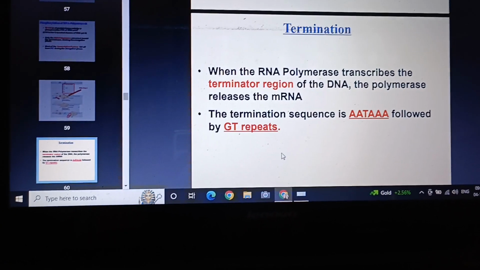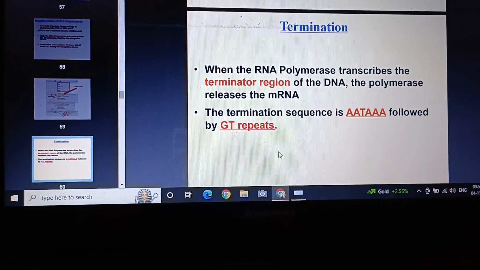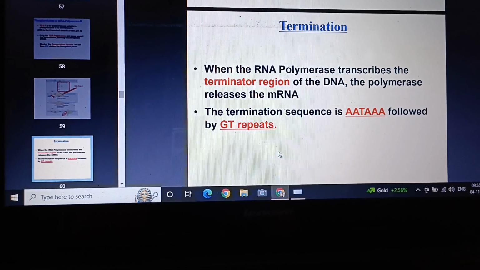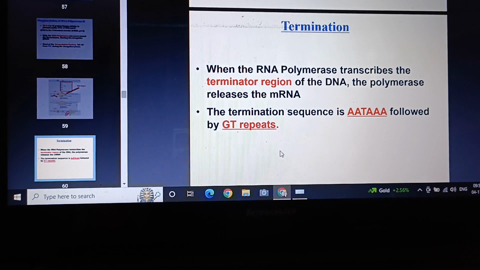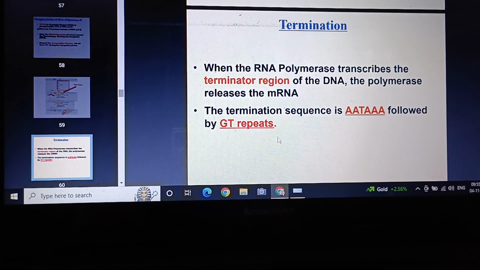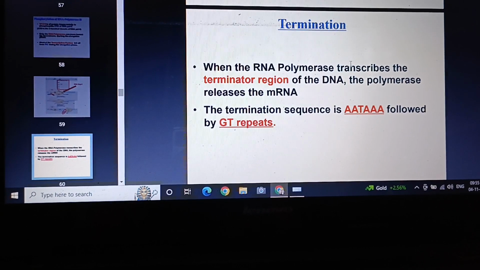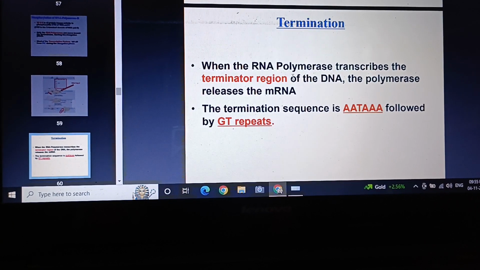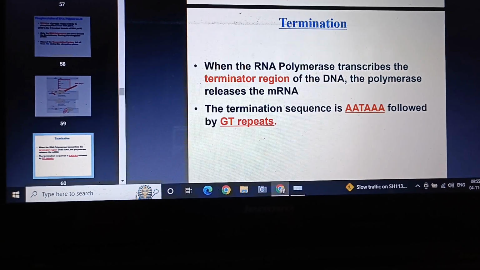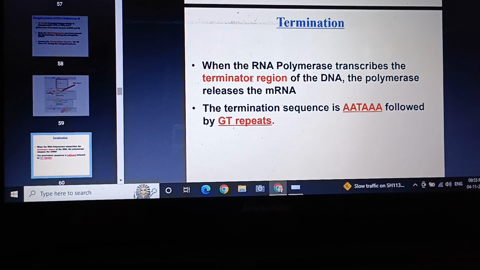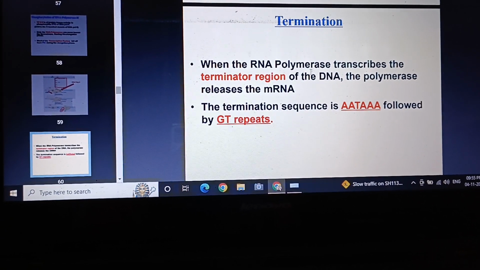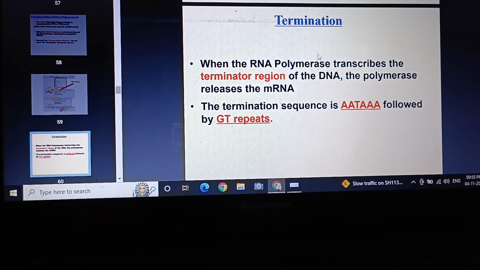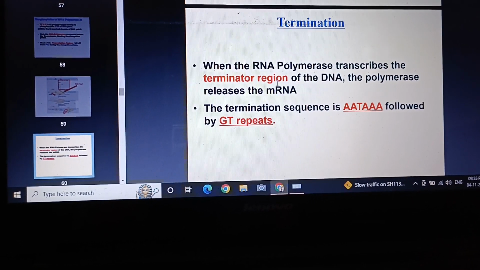Okay. Termination. When the RNA polymerase transcribes the terminator region of a DNA, the polymerase releases the mRNA. See, RNA polymerase can synthesize the RNA, and moreover it can also transcribe the terminator region.